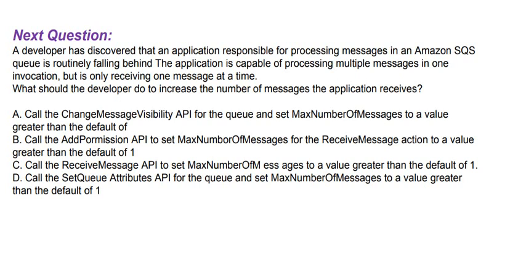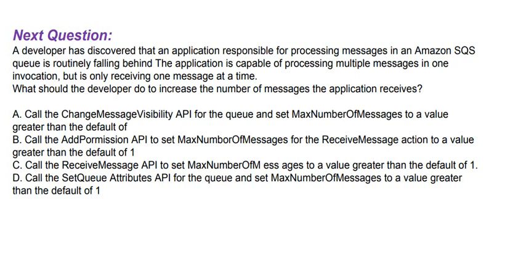Option A. Call the ChangeMessageVisibility API for the queue and set max number of messages to a value greater than the default of 1. Option B. Call the AddPermission API to set max number of messages for the ReceiveMessage action to a value greater than the default of 1.